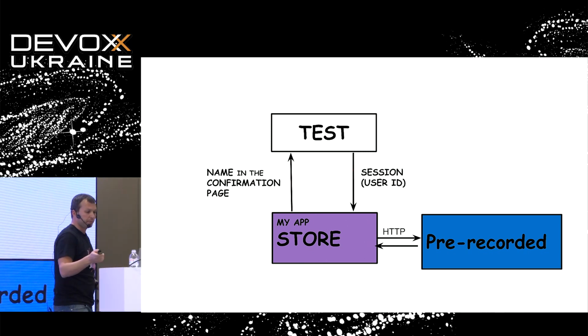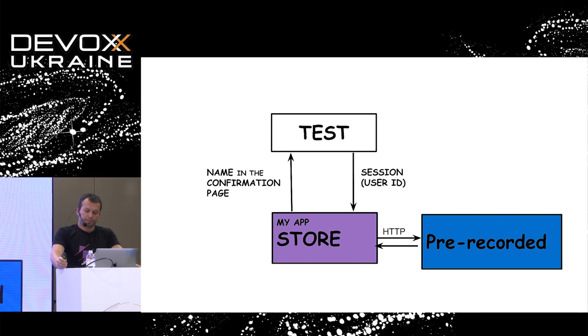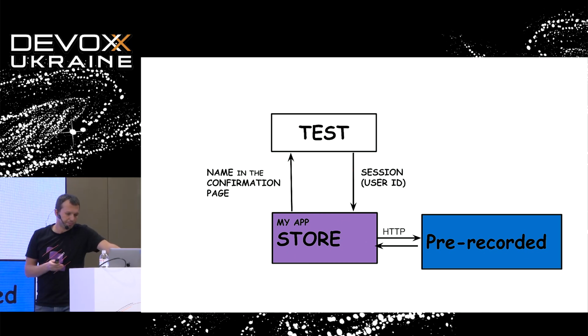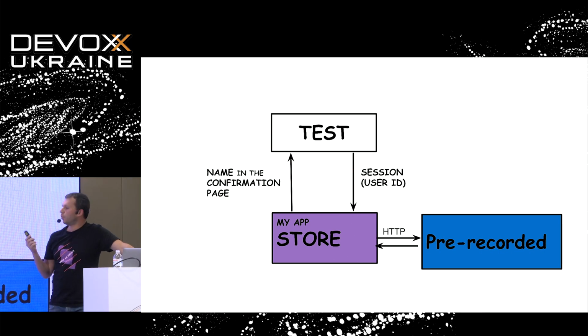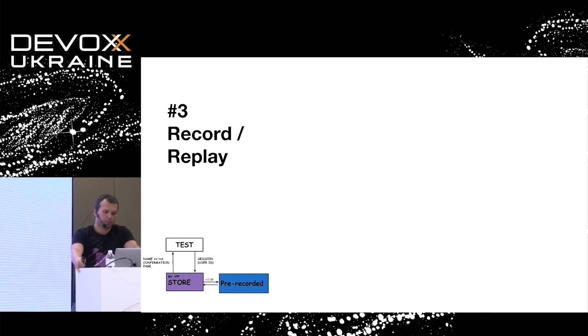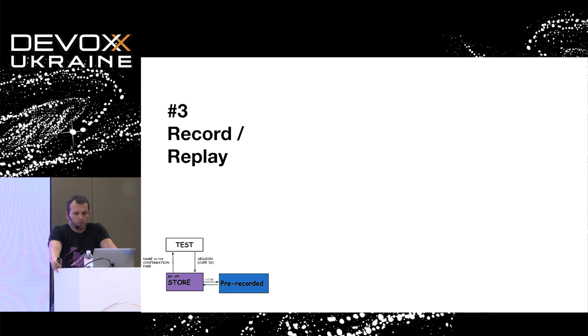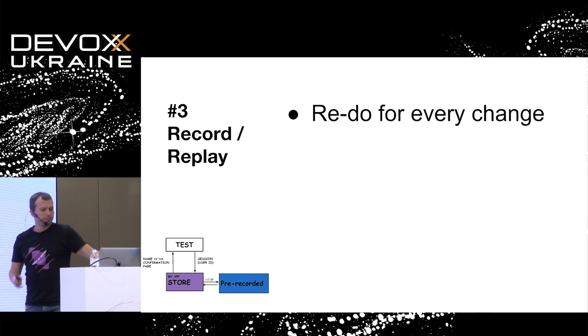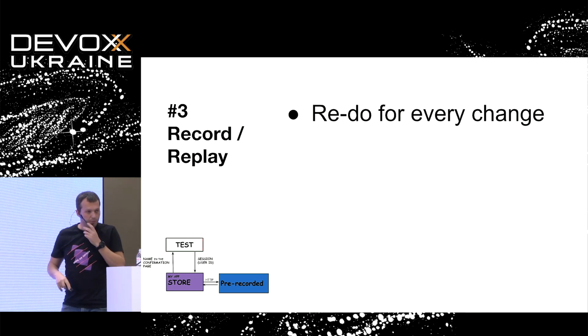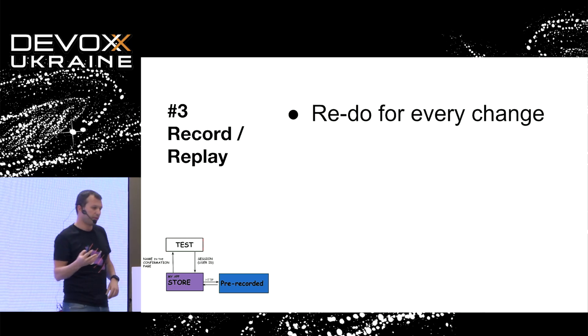Awesome, right? So, in my opinion, not so. Again, it might be very tempting in the beginning, but let's see what the disadvantages of this approach are. So, first of all, with every small change, you need to redo your tests and the recording.